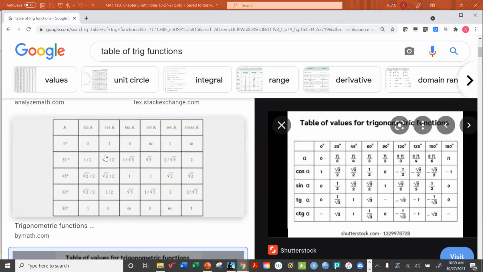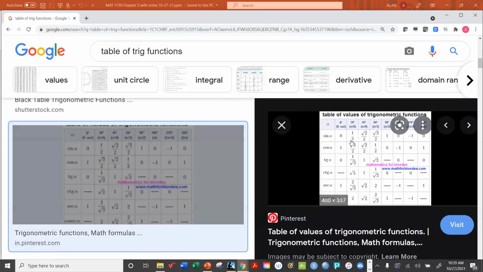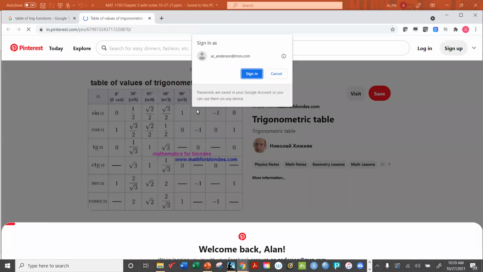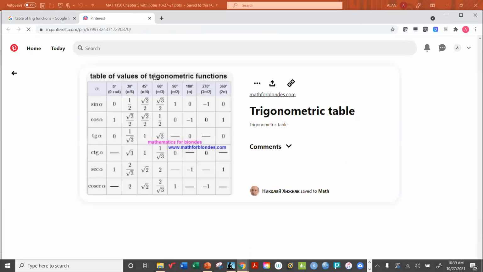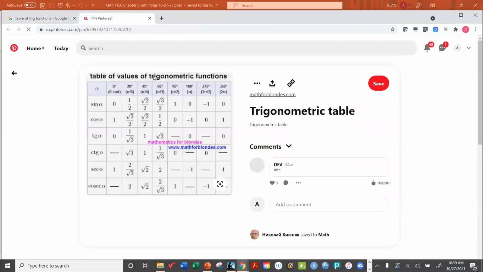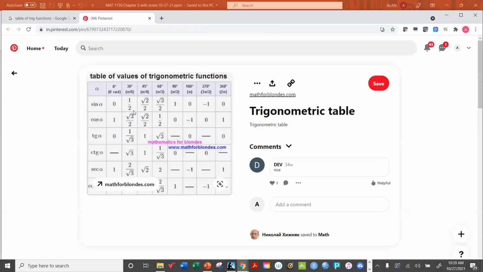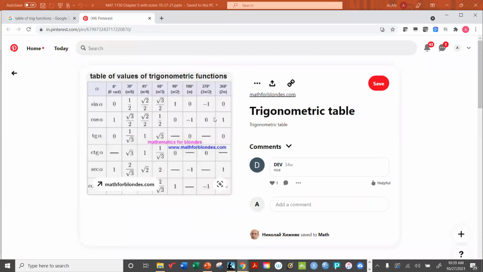No, I don't like that one. Let's do this one, it's kind of nice. If you've got this nice table in front of you, it certainly makes things a lot easier. And so for sine, we can confirm that the sine of 30. Oh, wait, what happened here? They've got something else there.